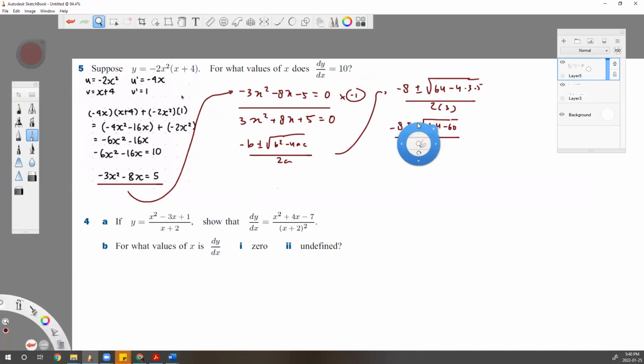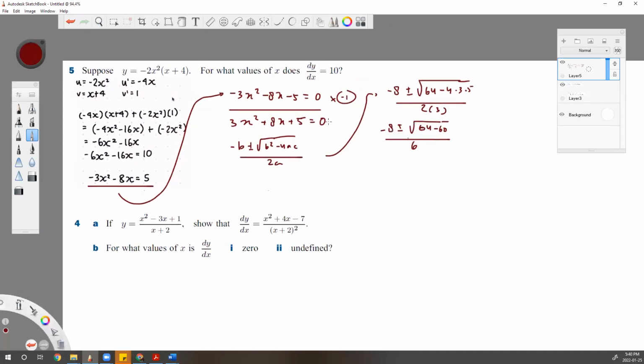So Vicky is done until this. Vicky has already put u'v plus uv'. Right, this is the product rule, and then you're done until here. And we try to do the factorization using the ABC formula. So negative 8 plus minus the square root of 4, which is 2, over 6.